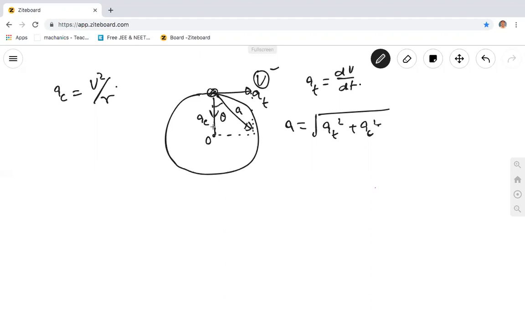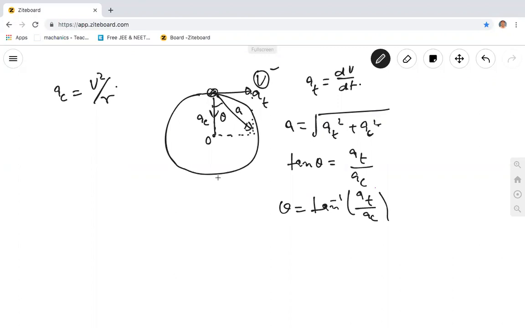AC and R have the same direction. From this triangle, tan theta is equal to perpendicular, that is AT, by base, that is AC. So theta is equal to tan inverse of AT by AC.